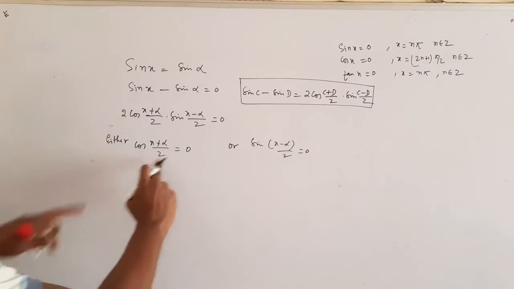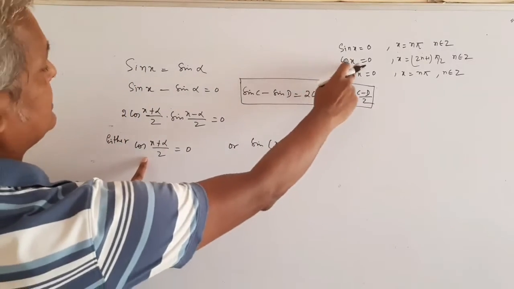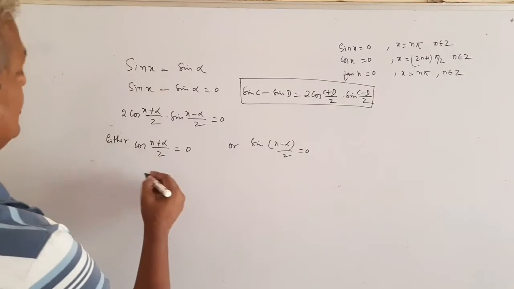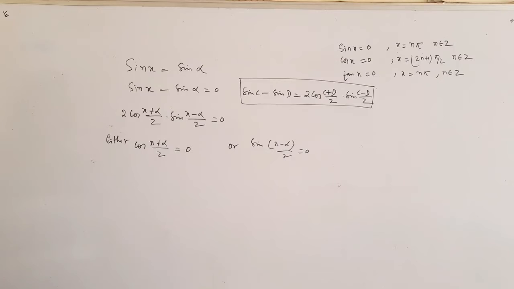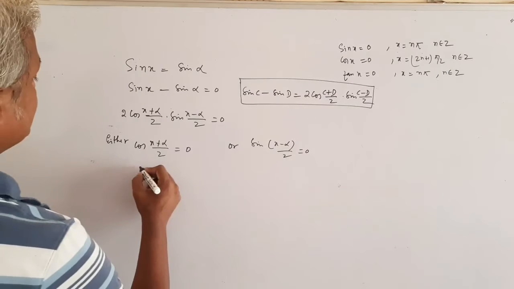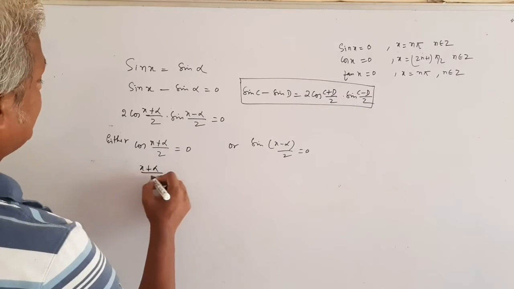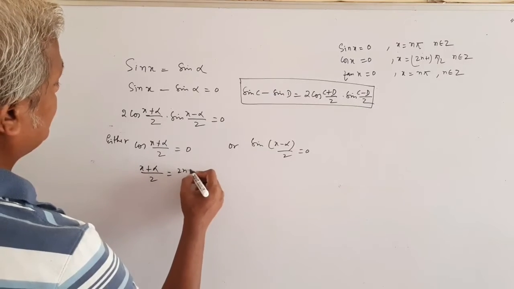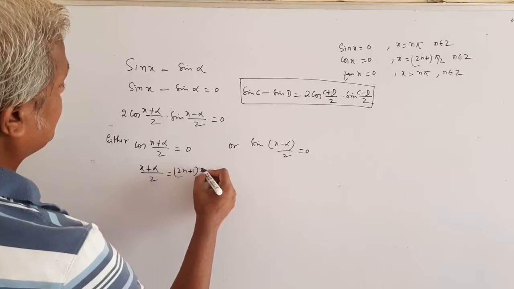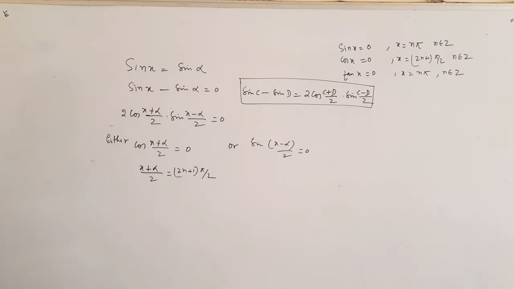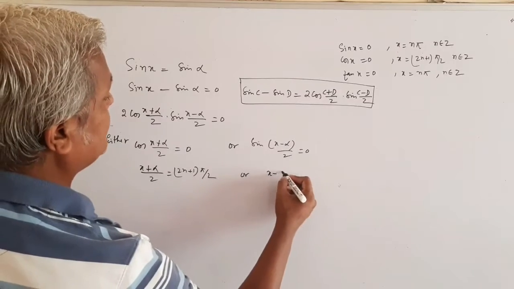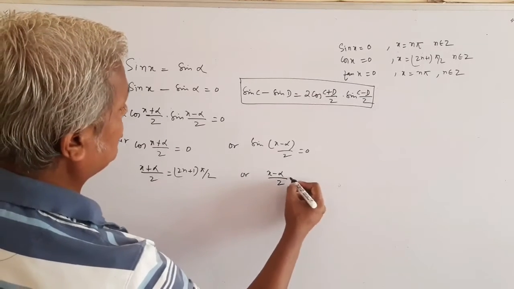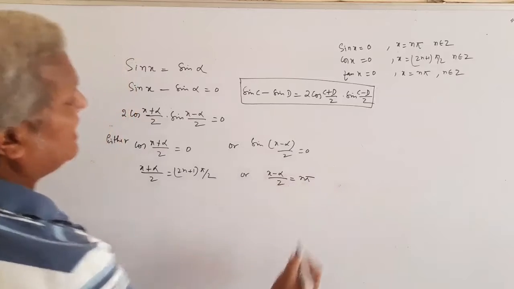Now see the condition. When cos is 0 and when sine is 0, we can use these two relations which we have already proved graphically. So x plus alpha by 2 will be (2n plus 1) pi by 2, and here you have x minus alpha by 2 equal to n pi.